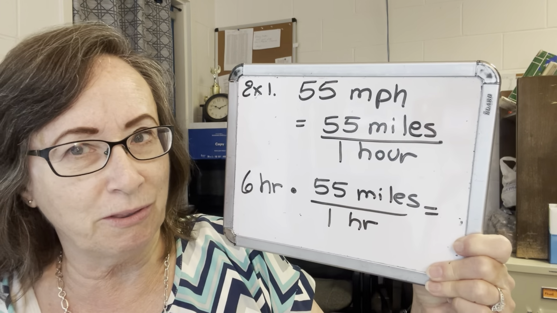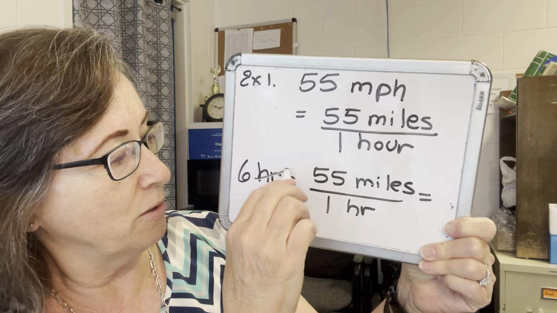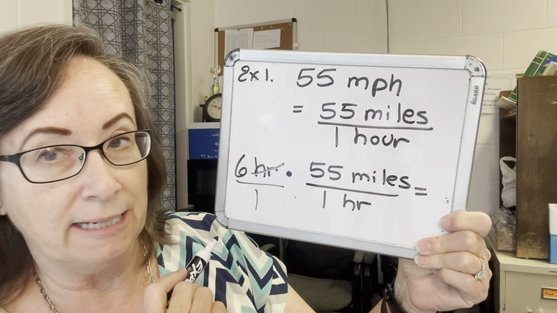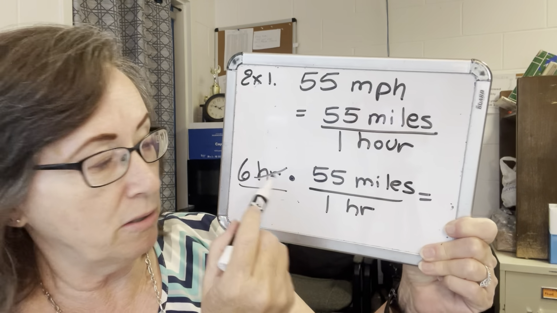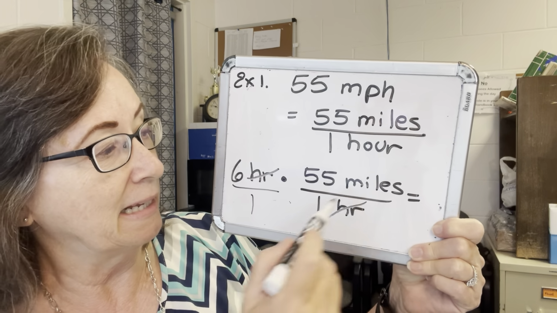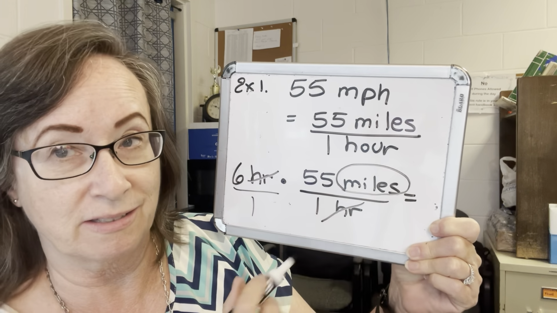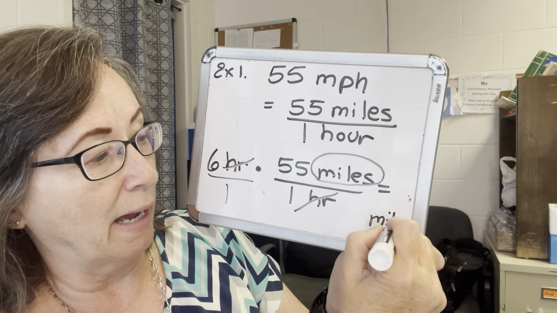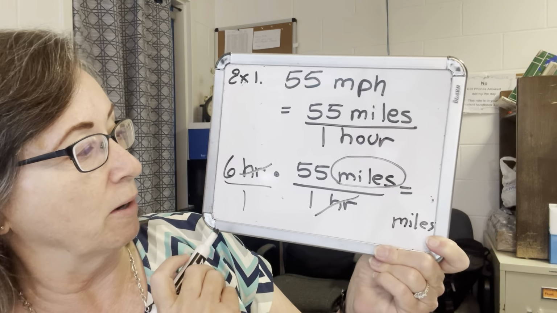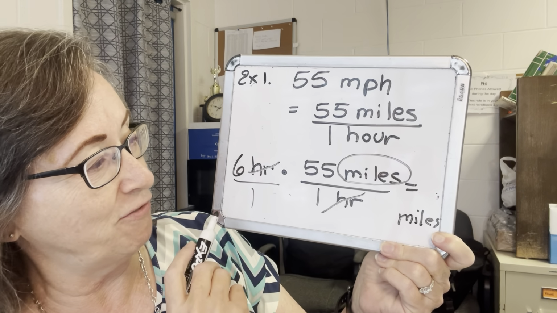Now look at the cool thing again. The hours is on the top, right? When there's not a fraction, that's in the numerator. So the hours cancels the hours, leaving you only with miles. Therefore, our answer is in miles, which is what we're looking for. 6 times 55.